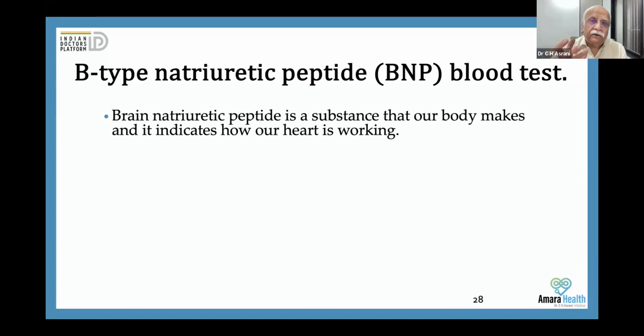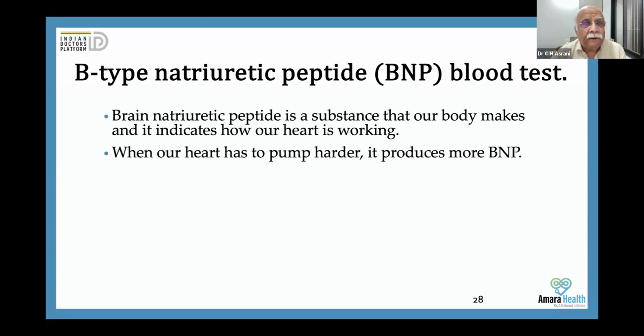The pumping action of the heart produces BNP. And rather than doing a 2D echo every time, this will tell us whether the heart is pumping well or not.